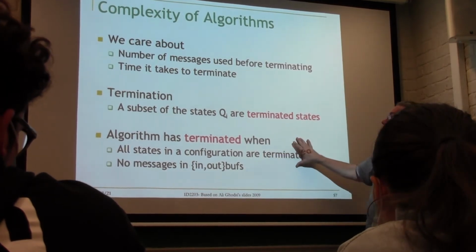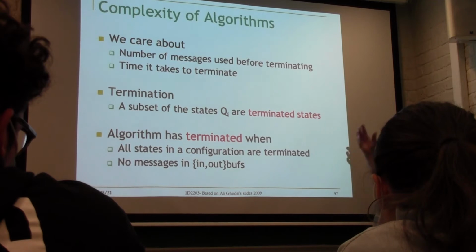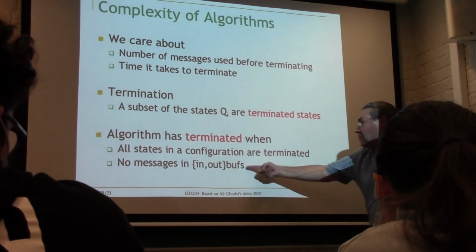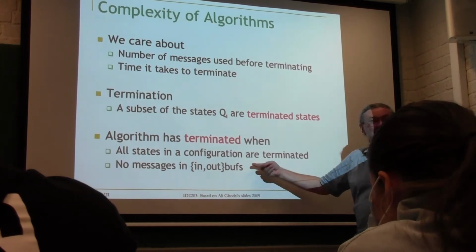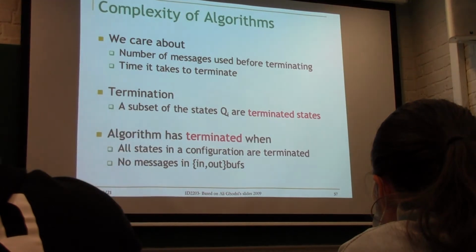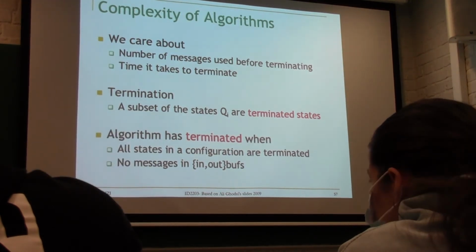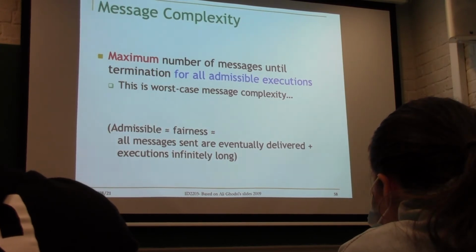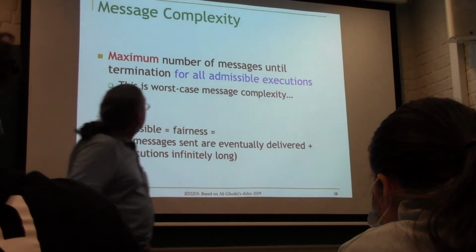So the algorithm is done when all the nodes are done, and there are no more messages hanging around in the network, in the in or the out buffers. So the network is empty. That's termination. So how do we compute the time for this? There are actually different ways.